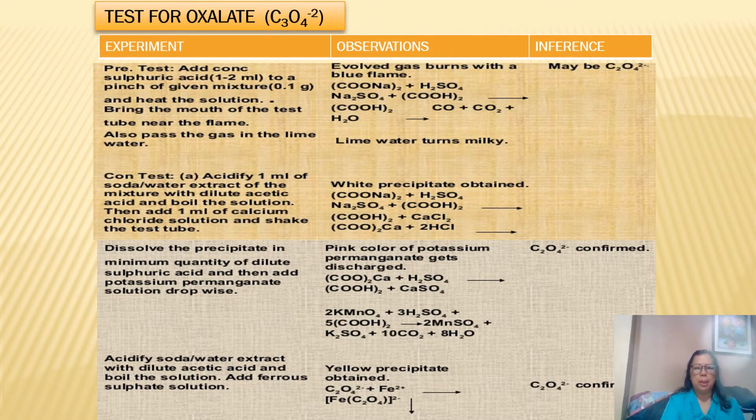Potassium permanganate is dark violet in color, so upon the addition to oxalate, it could lead to the pink color. That is its reaction. You know very much that ferrous sulfate is dark yellow in color. So if it yields the yellow precipitate, then you are sure to say that oxalate also is present.